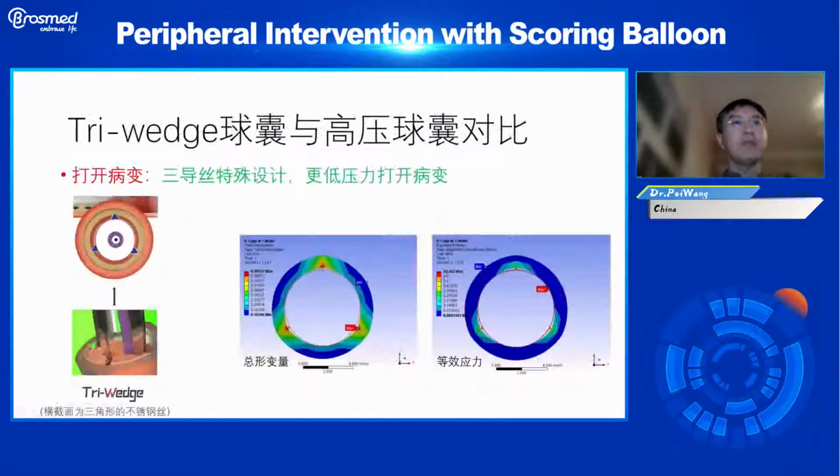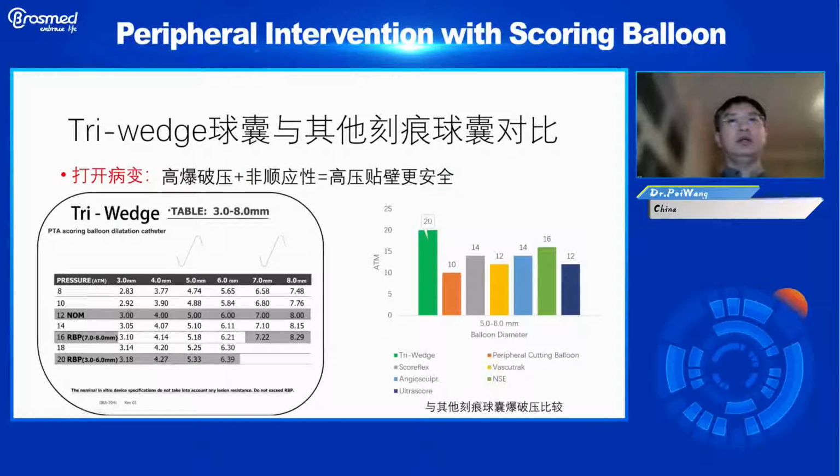Maybe it functions similar to the high pressure balloon. When it opens the lesion, the tip of the triangle-shaped guide wire is released stronger. It functions like the cutting balloon, so for refractory lesions, it is supposed to have a better opening effect.